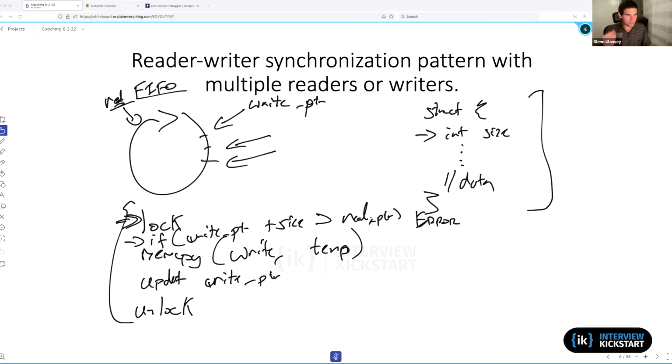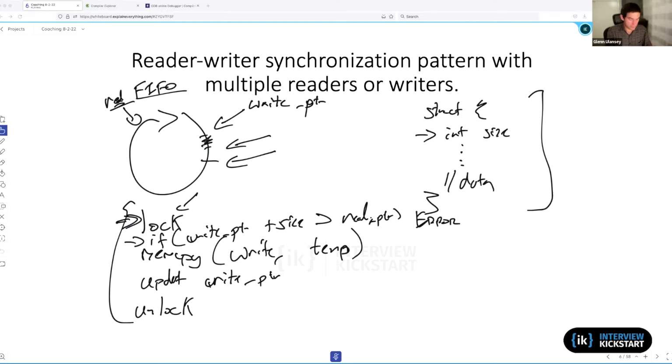If there is a true ordering to the data that needs to be written, we would need to make sure that the first person who called write, the first person who's waiting on this lock, is the one who gets the lock first, who gets to put their data in there first.